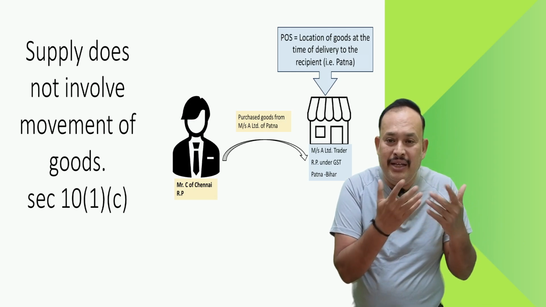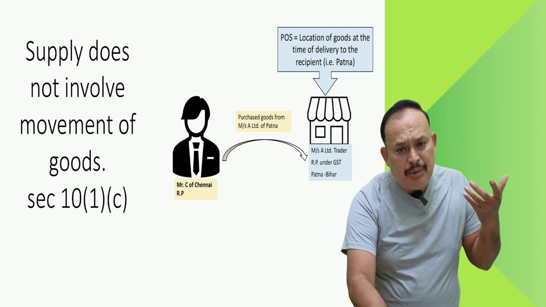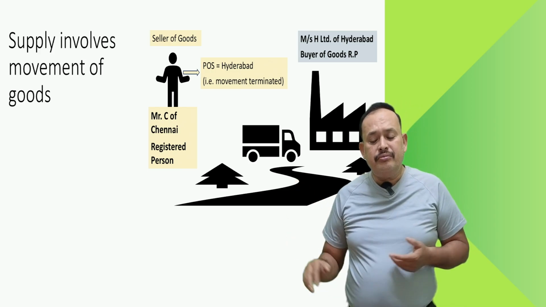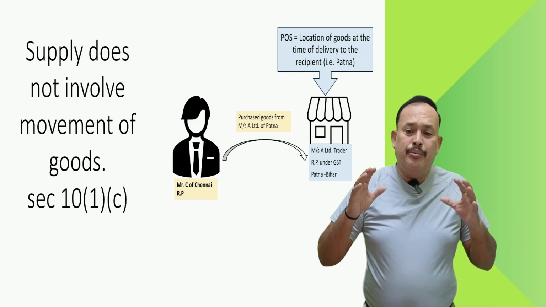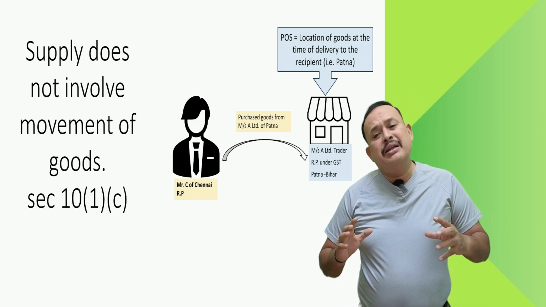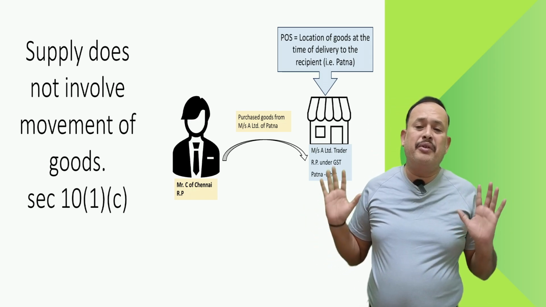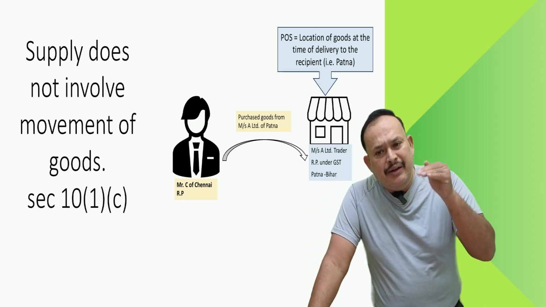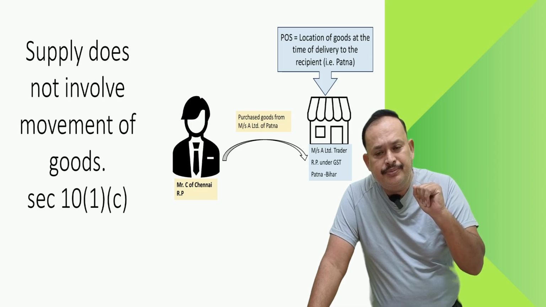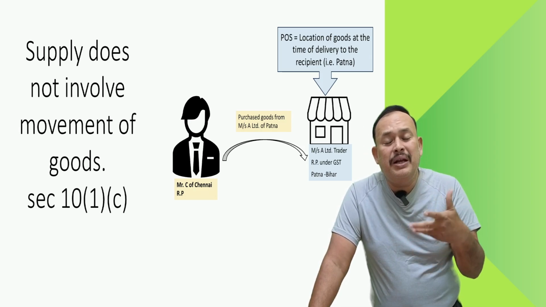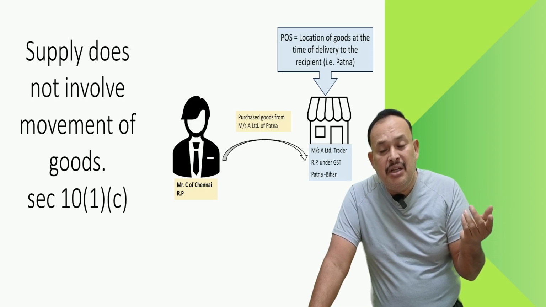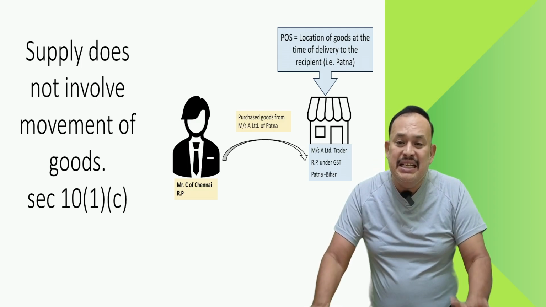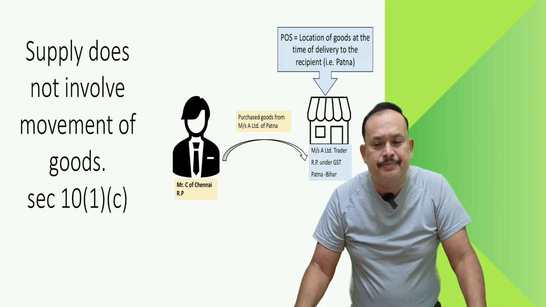Then only 10(1) A, in case supply involves movement of the goods. 10(1) C, buyer is a registered person, supply does not involve movement of the goods, place of supply will come into the picture. So what about supply involving or not involving movement of the goods, if the recipient is an unregistered person?